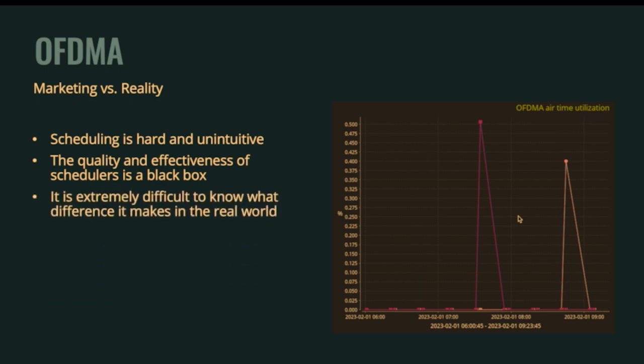And how do we judge it versus the alternatives? It's difficult to know. But one of the things that I think is a clear use case, something we should be able to observe, is improved VoIP MOS scores in congested channels. That should be something that OFDMA should really be able to help us out with.